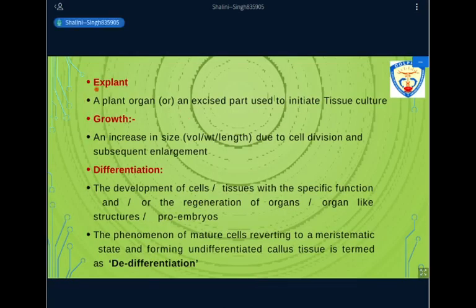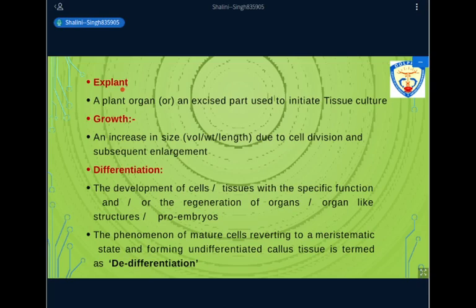So first and foremost term is explant. Explant is the starting material in any plant tissue culture experiment. As we have already discussed, plant tissue culture means we are taking a small plant tissue and we are growing it into a completely regenerated plant in vitro conditions.